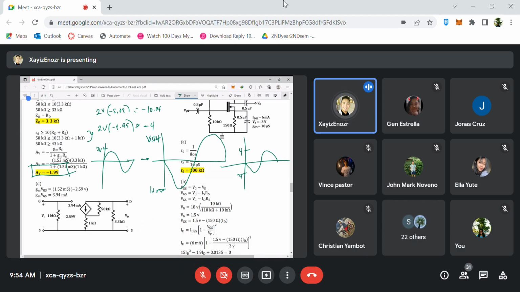Okay, so ganun lang naman yan. So, ibig sabihin, wag kayo malilito dito, where sa electronics, kapag negative yung value, it just only signifies na yung ating value is 180 degrees out of phase with the input.